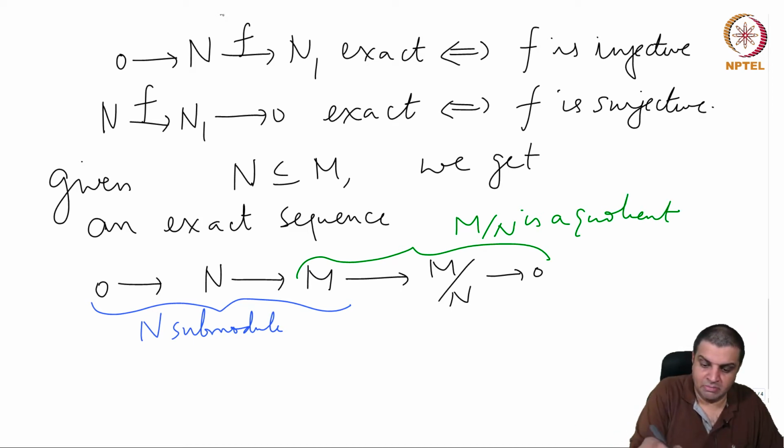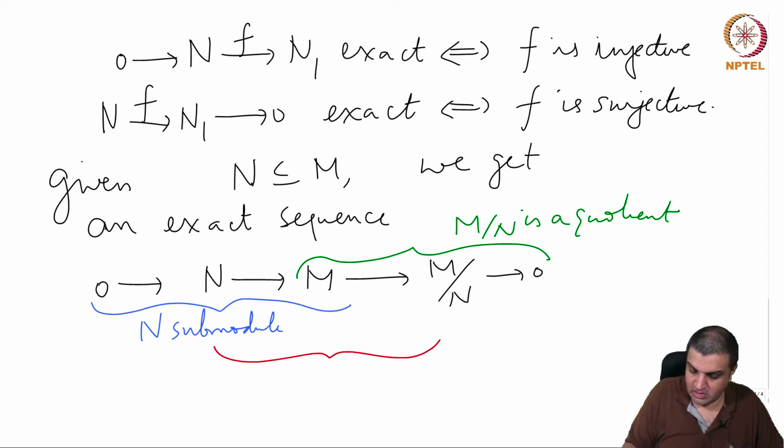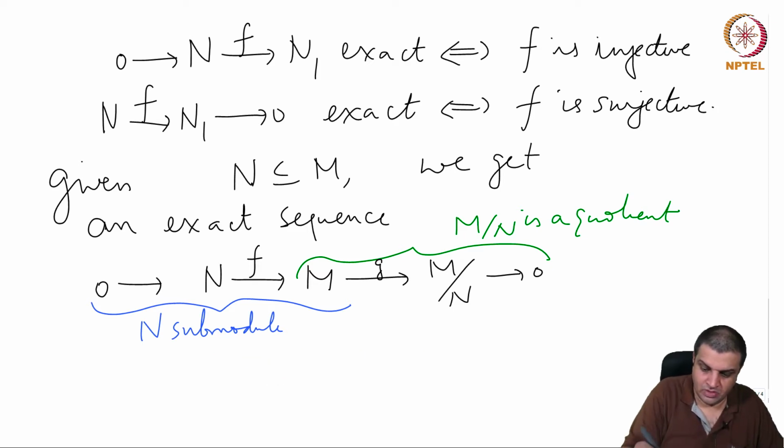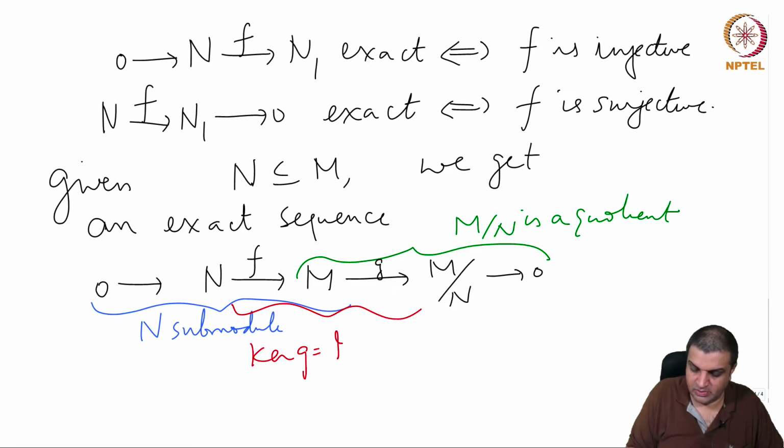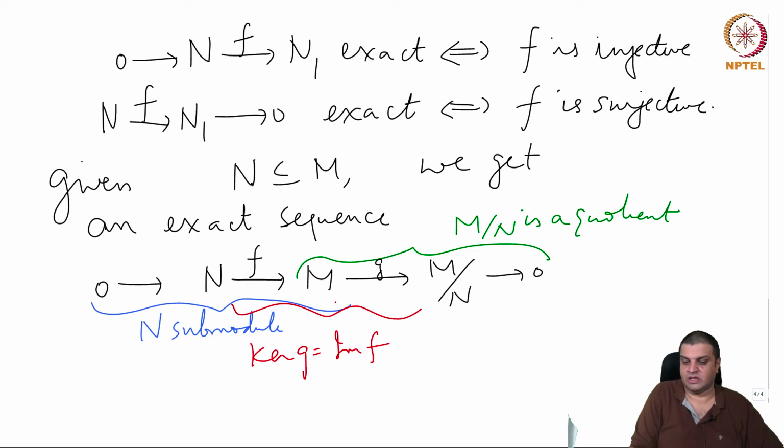And the middle part, let's label these maps f and g. The middle part says kernel of g is image of f, which is precisely what it is. The kernel of M to M mod N is N. So given a submodule inside a module, we get an exact sequence like this.